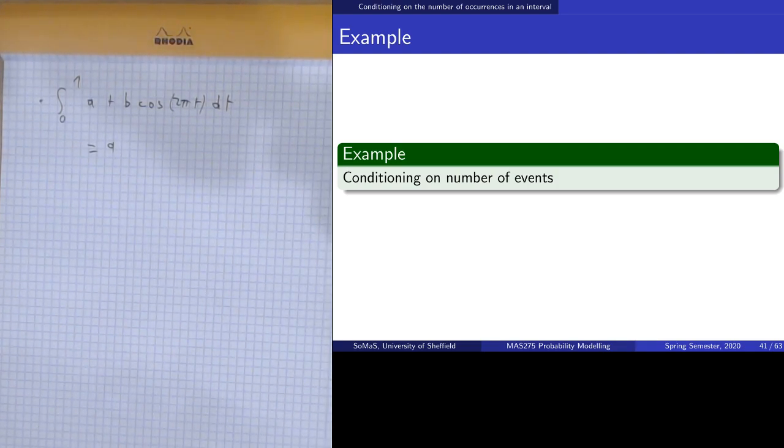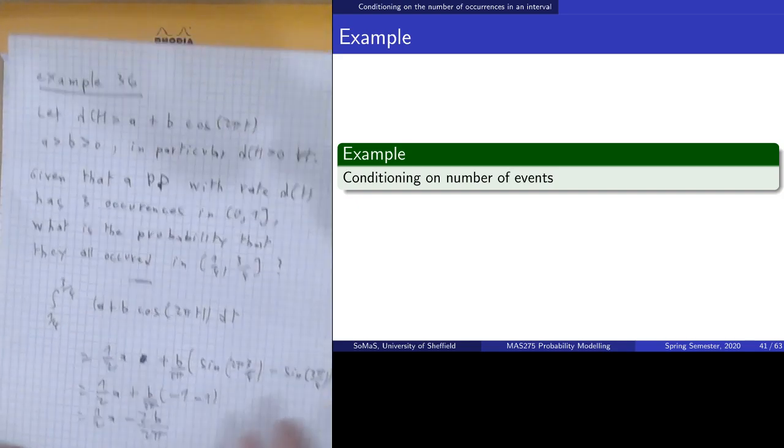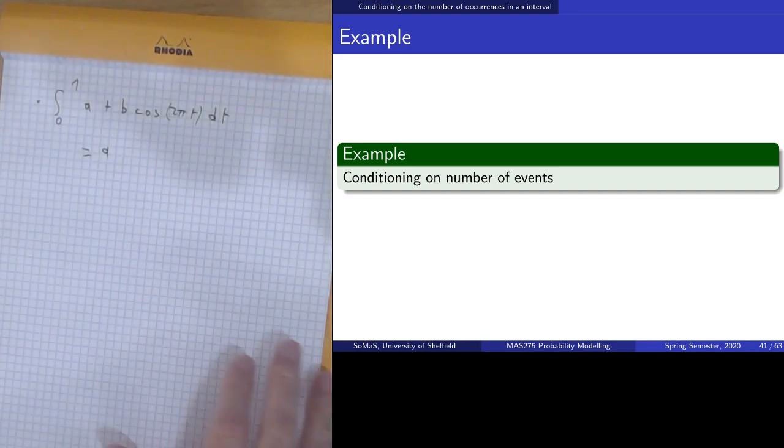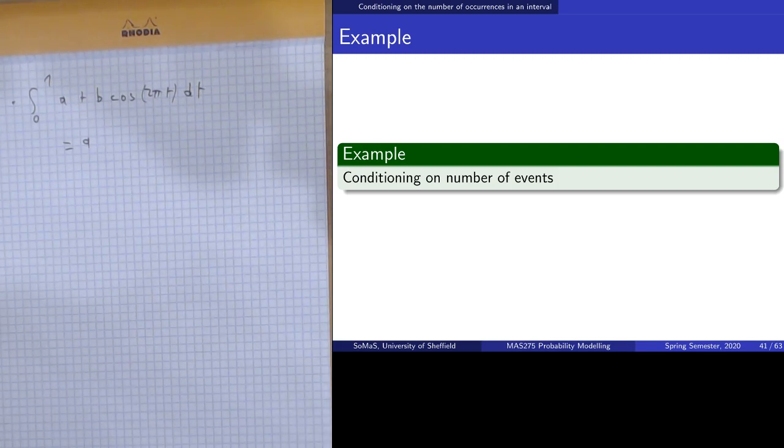Okay. So now the wanted probability is the probability that 3 times we land in the interval 1/4, 3/4. Remember, we have 3 independent variables, so we have a binomial variable with parameter of success being that divided by that. And we want the success to happen 3 times.